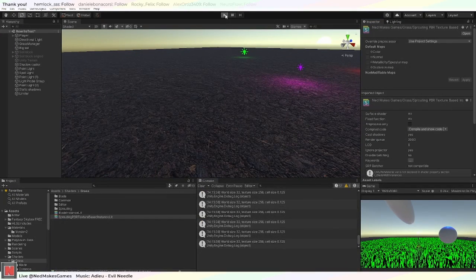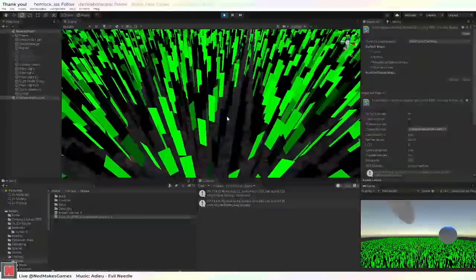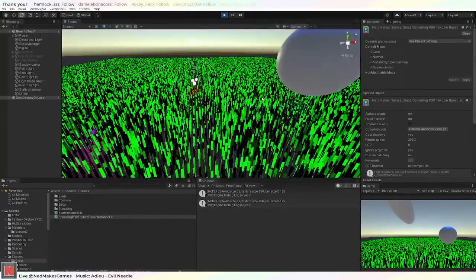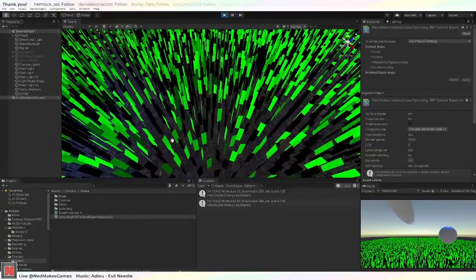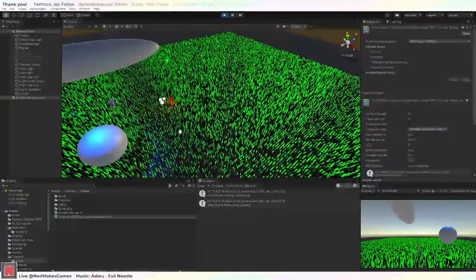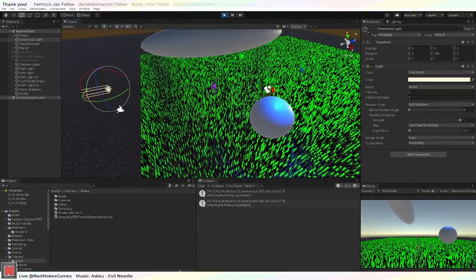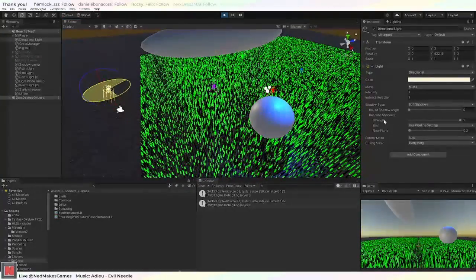Okay, so now if we press play. All right, so we're seeing a whole bunch of different twists, and you can see green and black, and that's just because only some of them are getting any light. And if I rotate it, you can see the light changes.